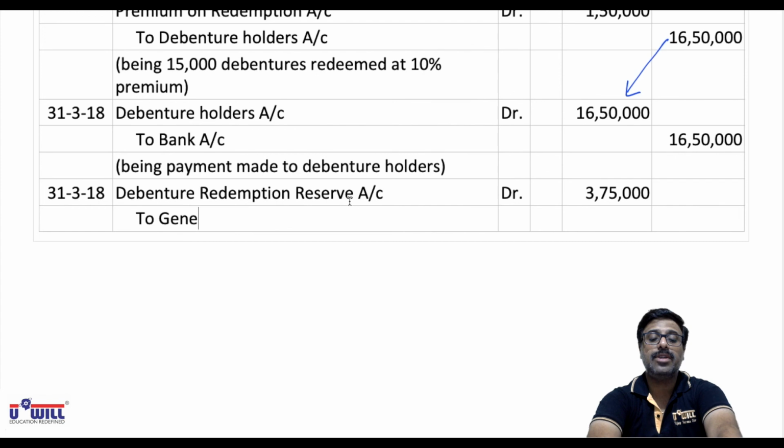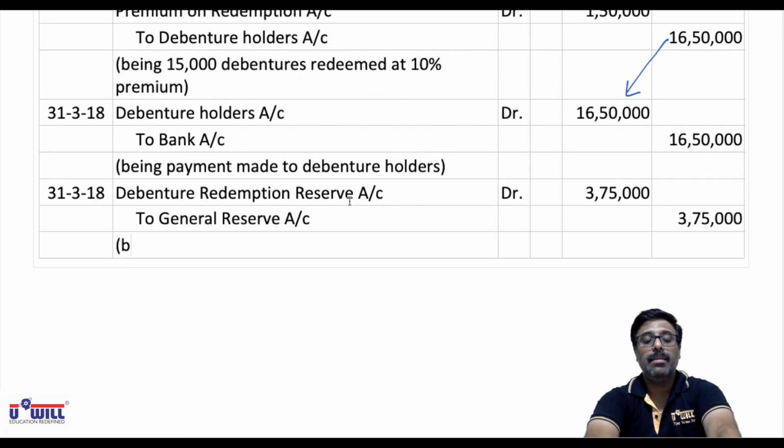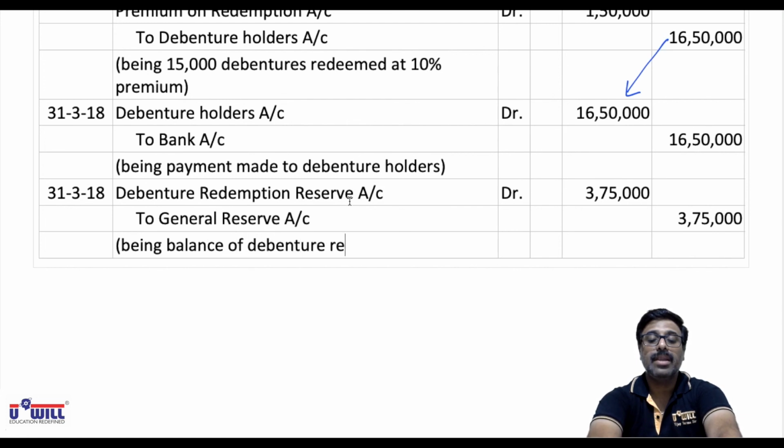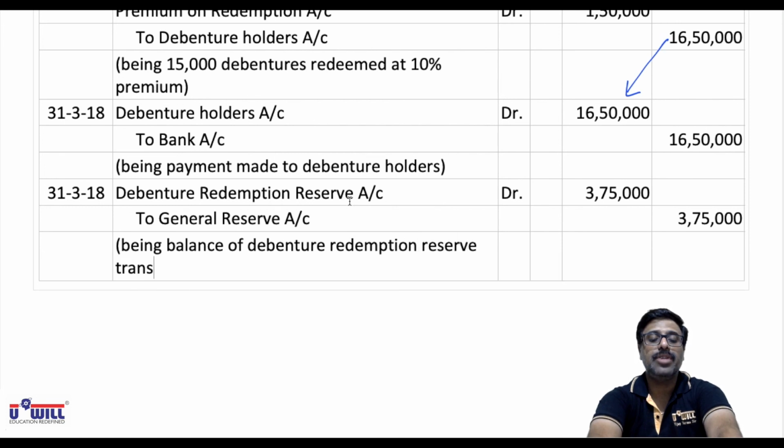That will be transferred to general reserve account. These entries are to be passed as per the company's law, being balance of debenture redemption reserve transferred to general reserve.